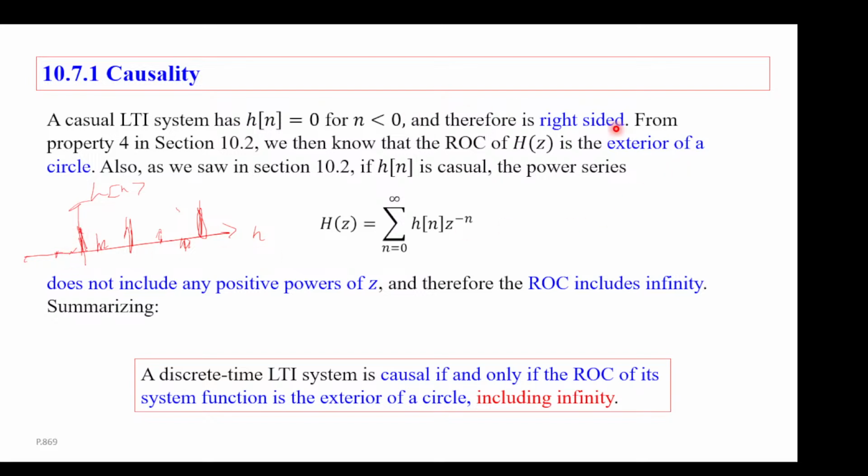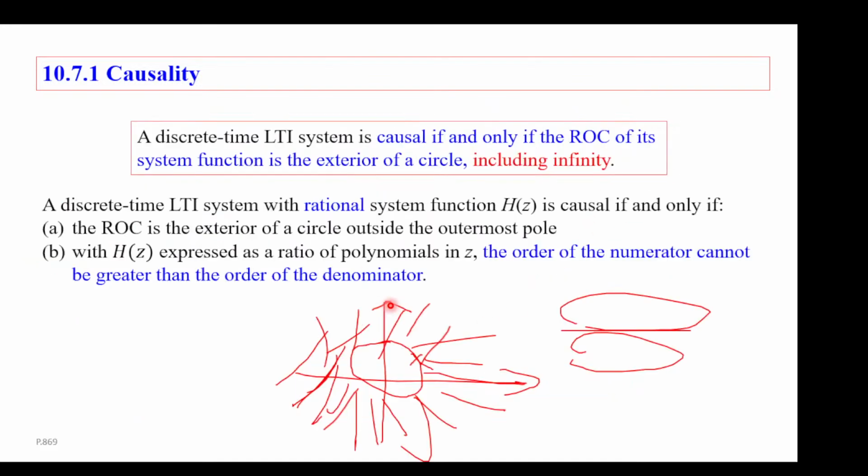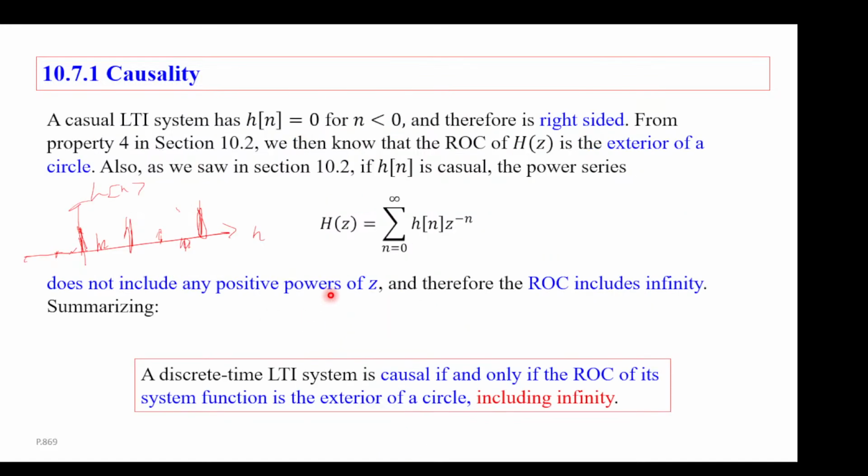So it's right-sided, and from the property we know in section 10.2, the ROC must be the exterior of a circle, so it must be outside of something and extend to infinity all the way around the circle. Kind of like this. Now we compare to chapter 9.